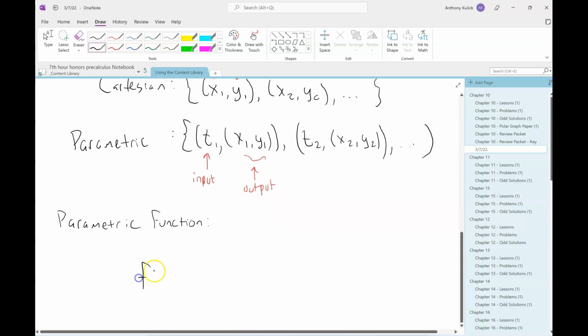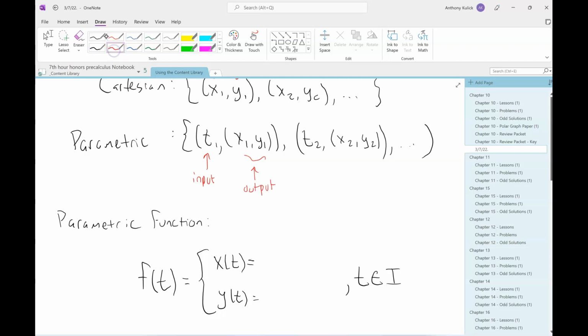Our parametric function is going to be a function in terms of t. So this parameter t is going to be our independent variable. And our x and y coordinates are going to be equations based on t. And then we're going to have to define t over some interval. So we're going to have to state explicitly what values of t we are allowing or not allowing.